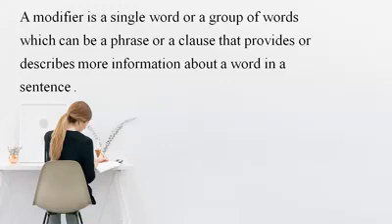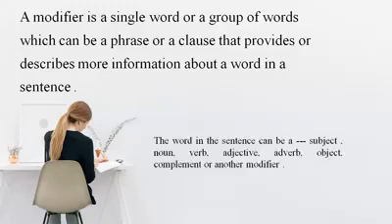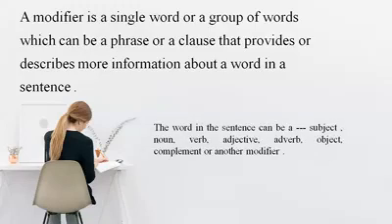Modifier gives more information about a word in a sentence. The word in the sentence can be a subject or noun, verb, adjective, adverb, object, complement, or another modifier. I think you are familiar with all these words: subject, noun, verb, adjective.